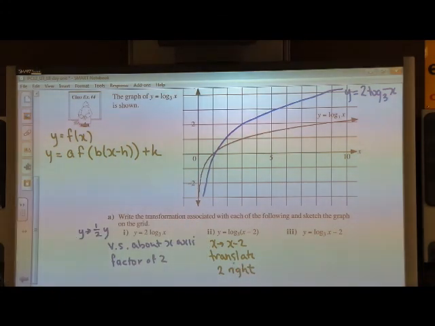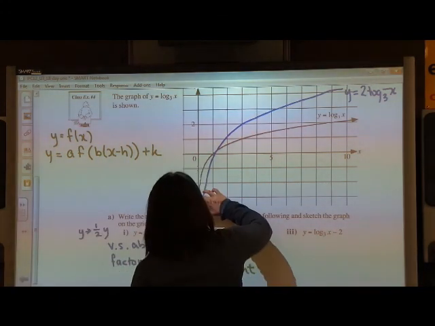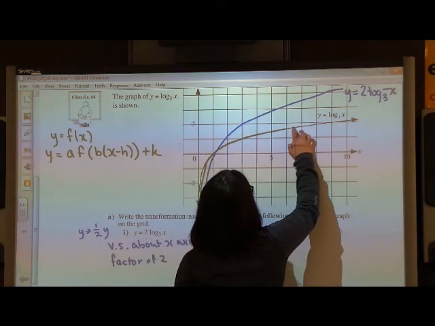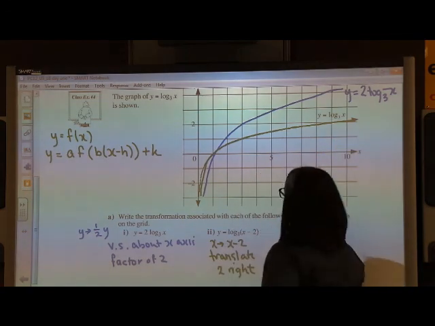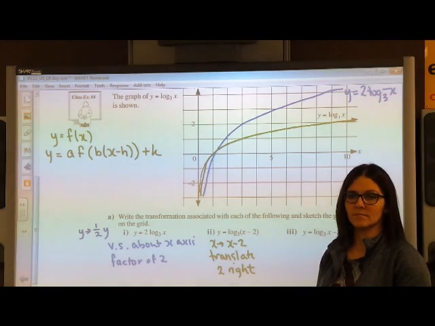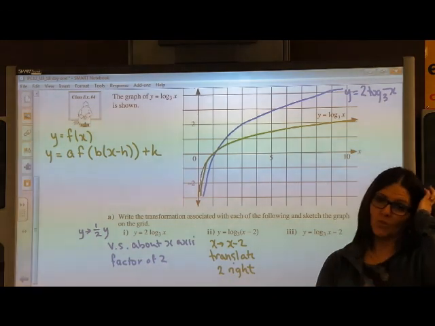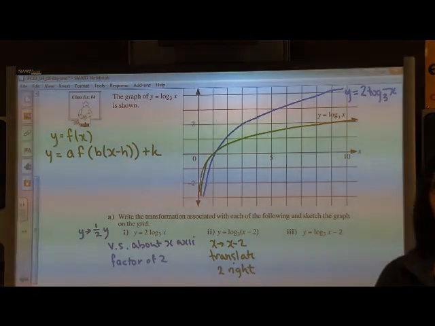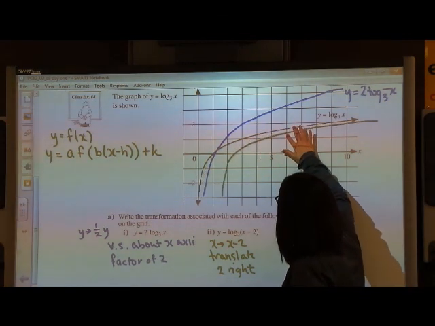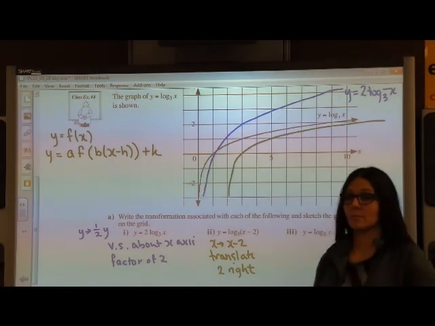So if I translate this 2 units to the right, it means if I take my original graph, what would I do with that original graph? Which coordinates would I move, the x's or the y's? The x's. So I would take all the x coordinates and move them 2 units to the right.